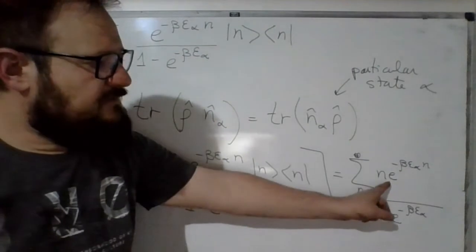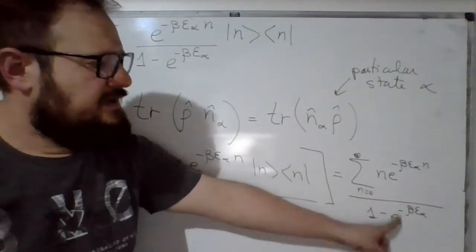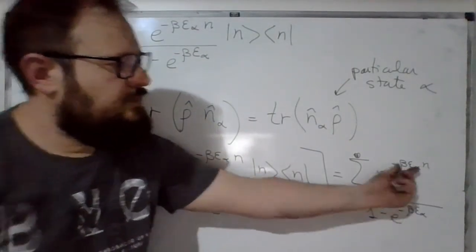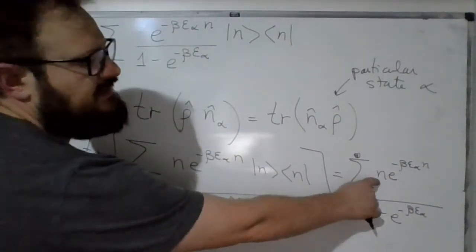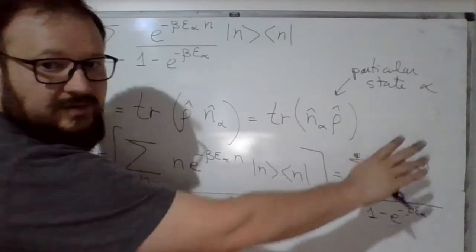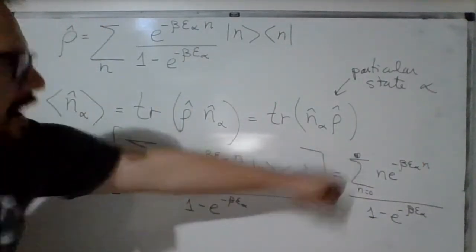Notice that if we differentiate this exponential with respect to beta E alpha, we have this n here apart from a sign, which is a minus.